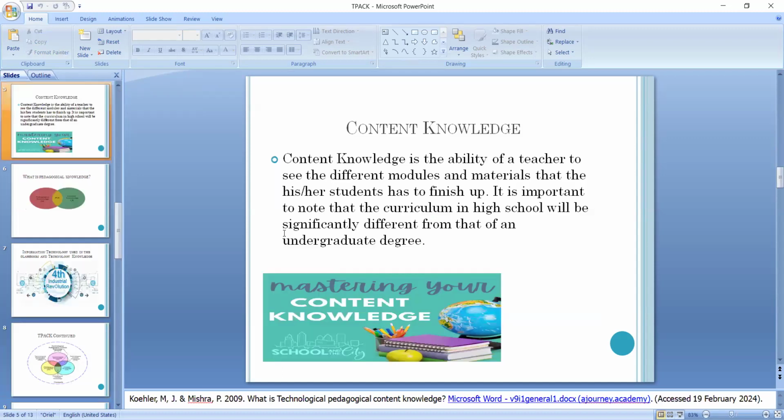So if we go to the fifth slide, the fifth slide also goes over content knowledge. It is important for the teacher to have supreme content knowledge. As it was said in the previous slide, it gives them a competitive advantage over others that are coming from different fields.